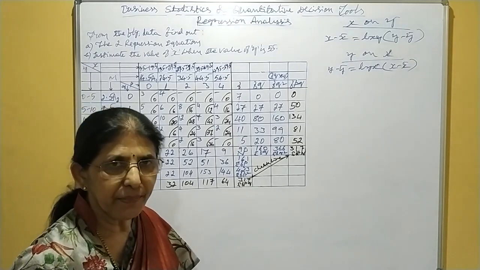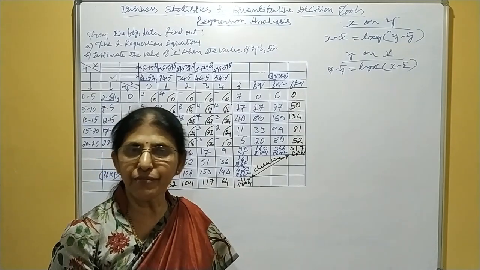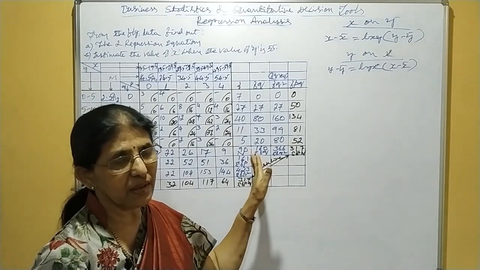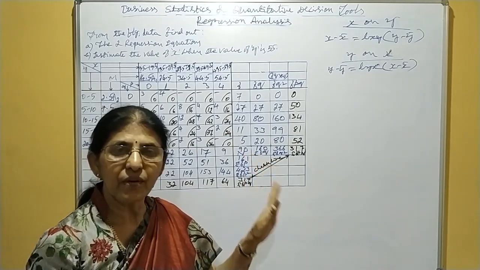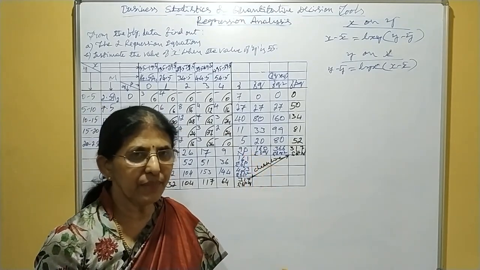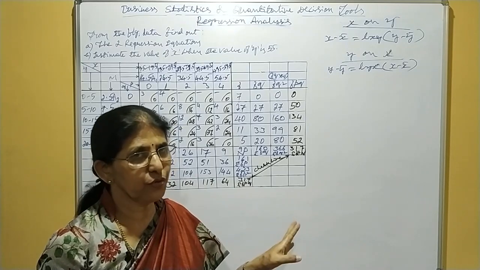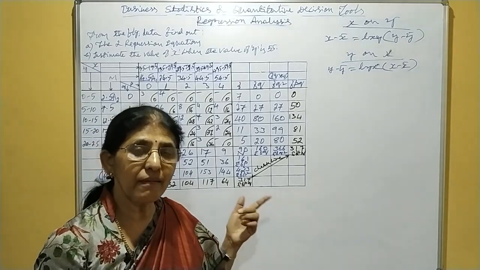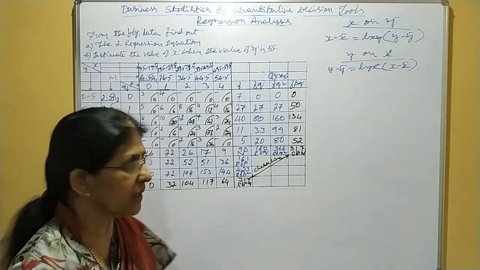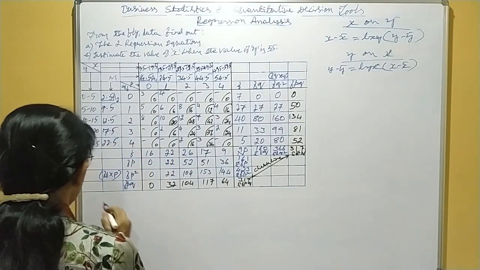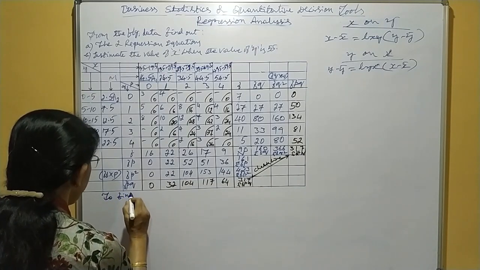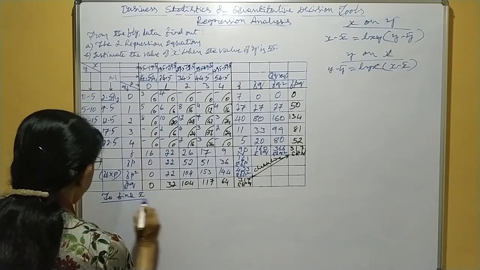First we have to find out d bar. For that we need sigma fd. Sigma f is nothing but this n that is in the table itself. Sigma fd divided by sigma f gives d bar. Then x bar equals a plus c d bar. Okay, now first let us take x bar.